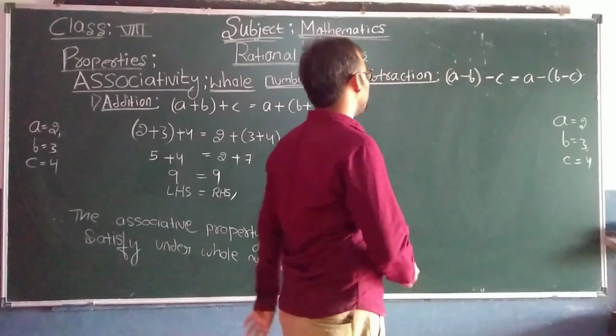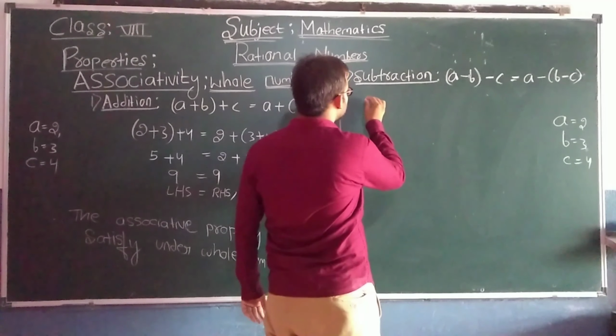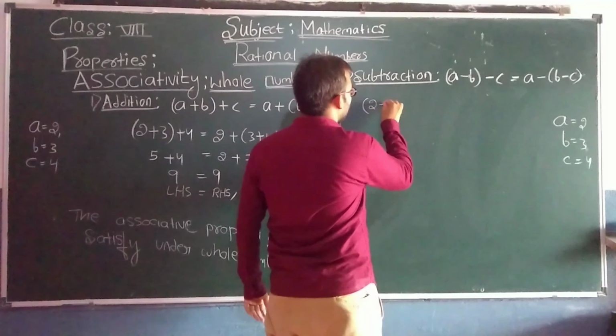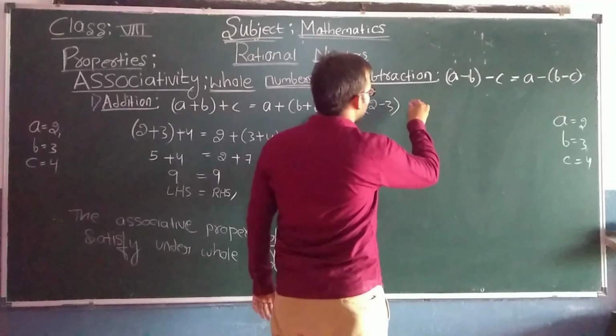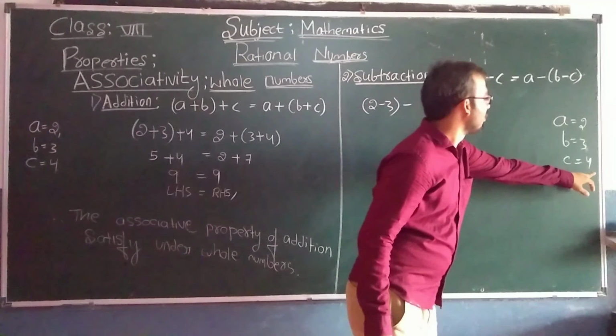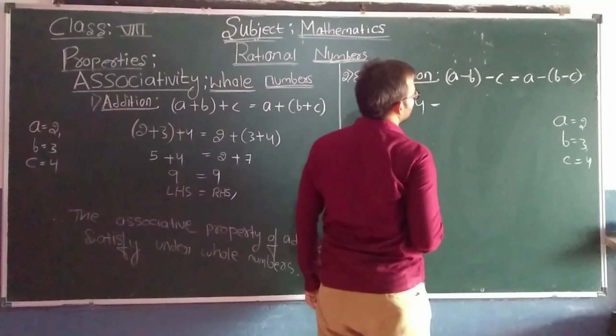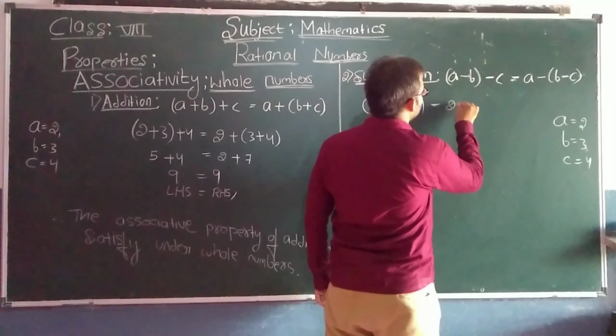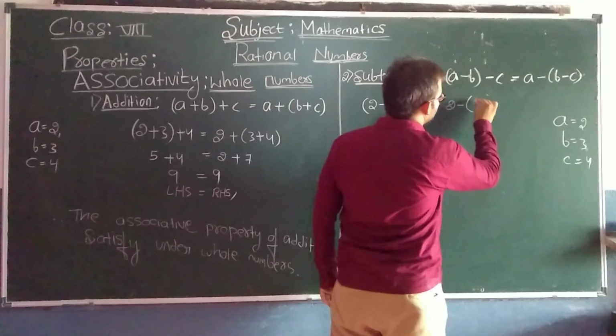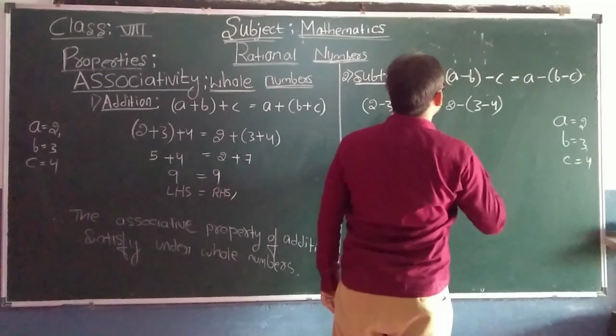Now put these in: 2 minus 3 minus 4 equals 2 minus 3 minus 4.